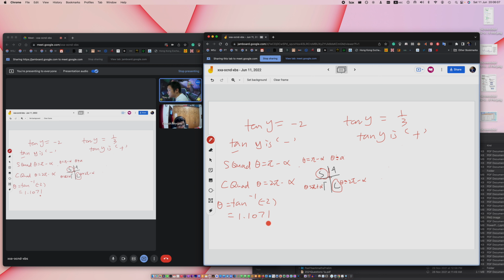Given this theta, it is actually in the S quadrant. So you substitute 1.1071 equals pi, let me use 3.1414 first, minus the basic angle. So what's the basic angle?